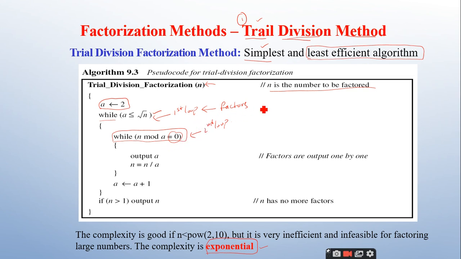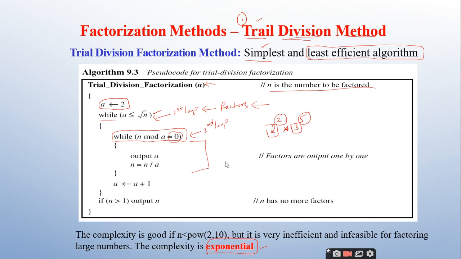The outer loop identifies the factors, and the inner loop is used to count the number of iterations, that is the exponent. For example, if you have 2 power 2 into 3 power 5, the outer loop is used to identify 2 and 3 as the factors, and the inner loop is used to multiply with the exponent. This 2 square and 3 power 5 will be done by the inner loop.